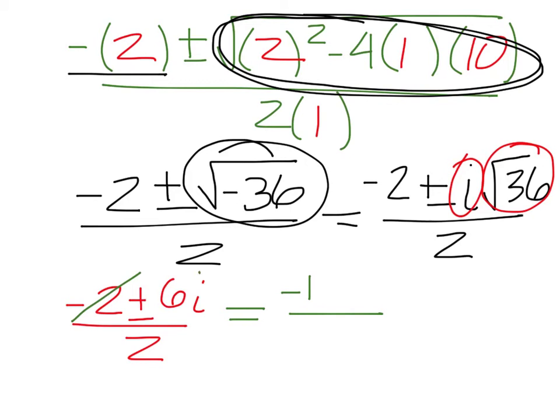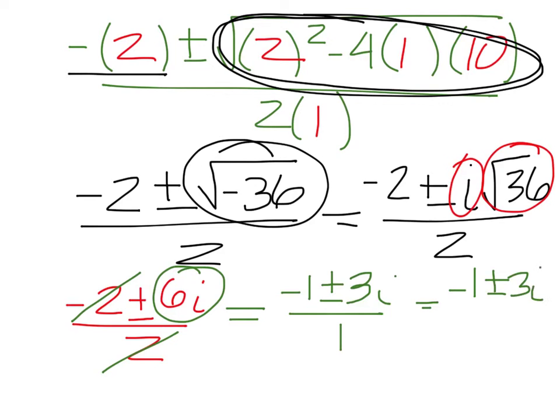If I divide 6i by 2, what am I left with? 3i. And if I divide 2 by 2, I get what? 1. What number am I never allowed to leave in the denominator by itself? 1, right. So it's just -1 plus or minus 3i.